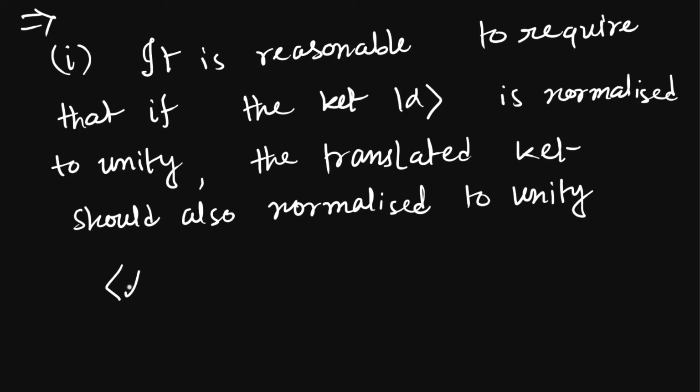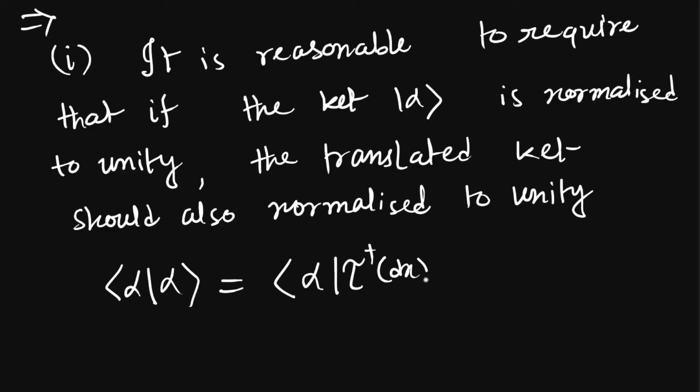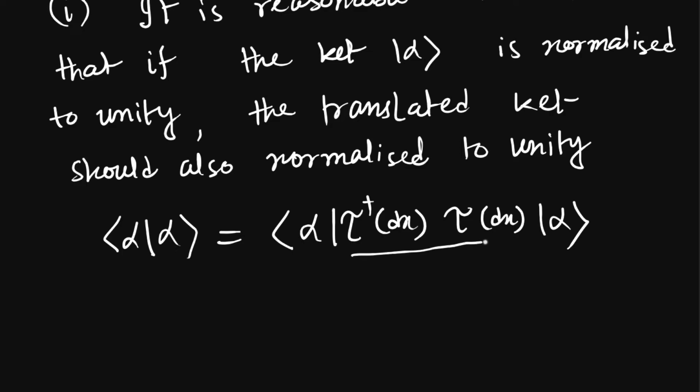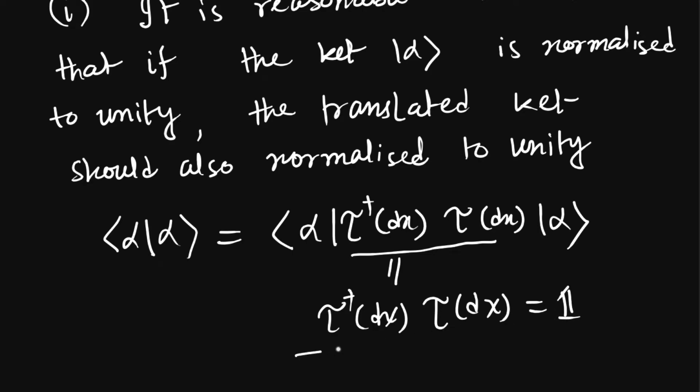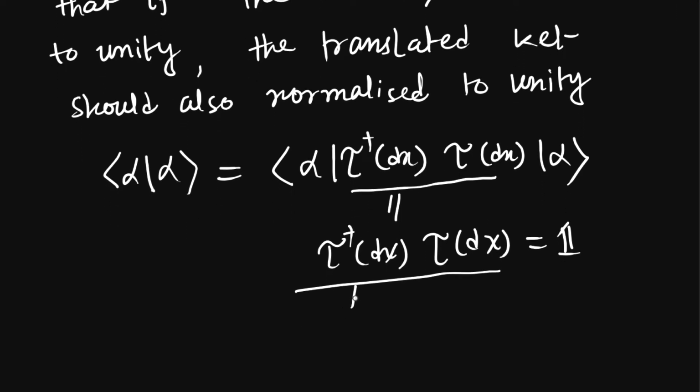That means alpha alpha should equal alpha tau dagger dx tau dx alpha. That will be followed when tau dagger dx into tau dx is equal to the identity operator. That means this tau is a unitary operator.